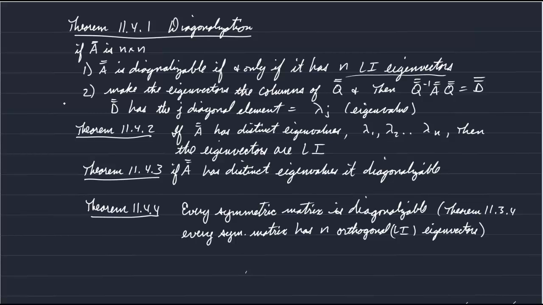I'd like to give you a sense for why Theorem 1 works. I'd like to go through a proof of this first part. Well, actually, the very first part of part 1. So A is diagonalizable if it has n linearly independent eigenvectors.